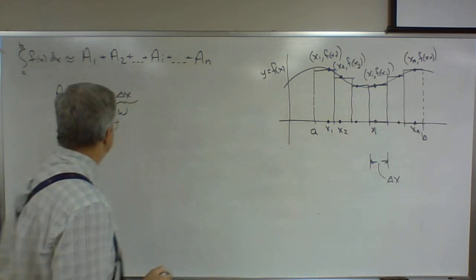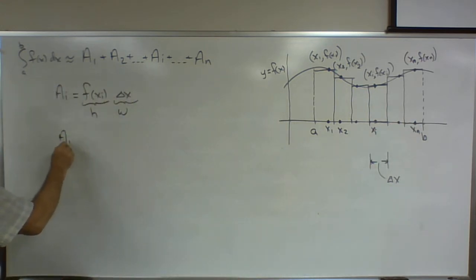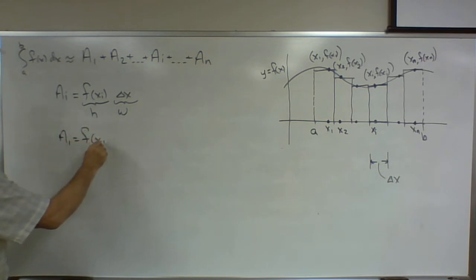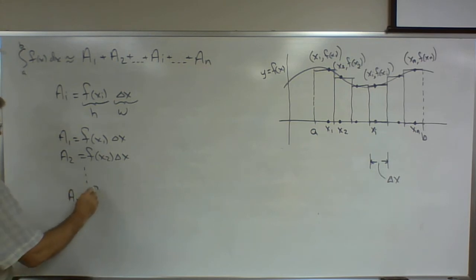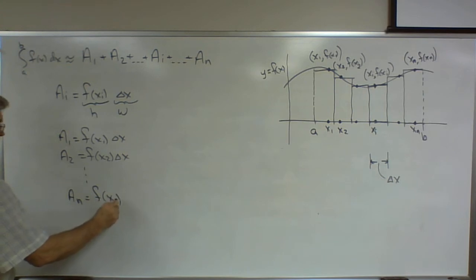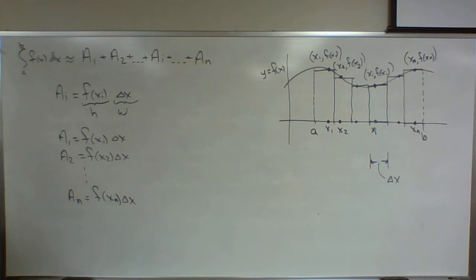For example, A sub 1 is f of x sub 1 delta x. A sub 2, f of x sub 2 times delta x. And A sub n is f of x sub n delta x. And so this gives us an idea of how we can approximate the definite integral.